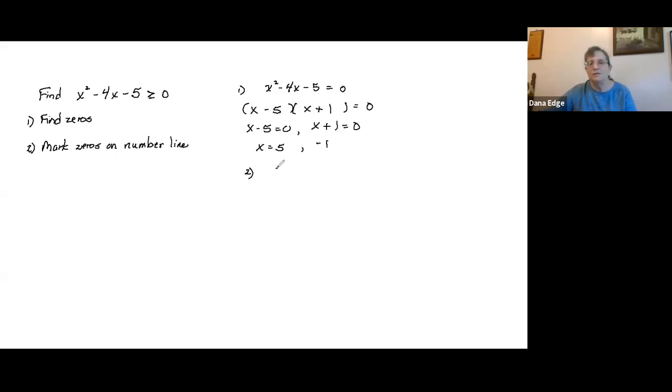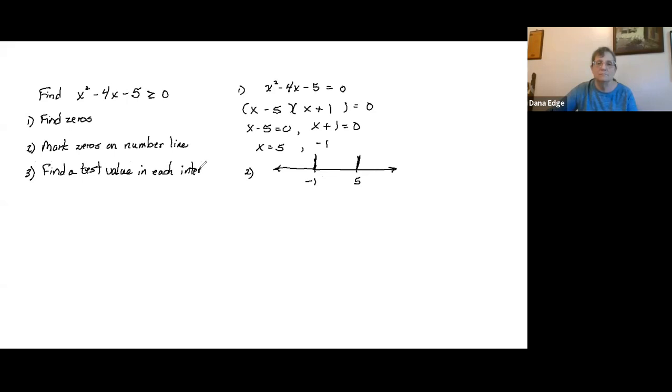So step 2 is to take a number line and mark my zeros. I don't need any other numbers on there, frankly. I want to find a test value in each interval. Okay, so I've got an interval here from -infinity to -1.